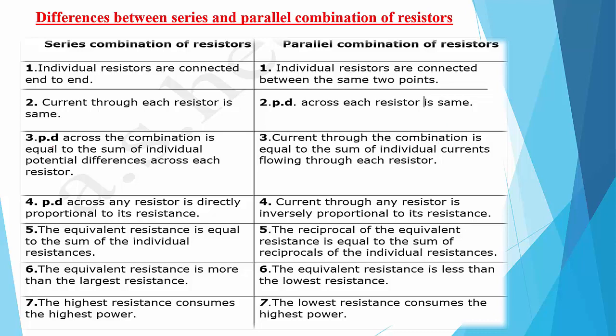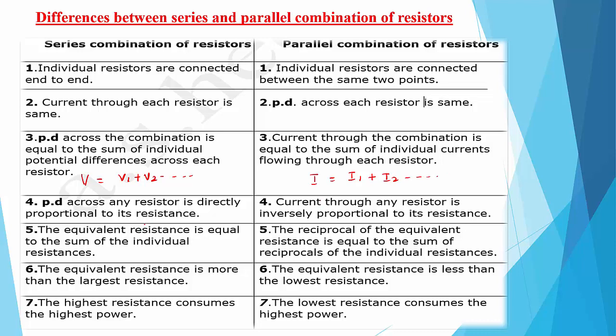In series combination, the potential difference across the combination is equal to the sum of individual potential differences across each resistor. That means V is equal to the sum of the potential differences across each resistor. But in parallel combination, the current through the combination, that is the main current I, is equal to the sum of the individual currents flowing through each resistor.